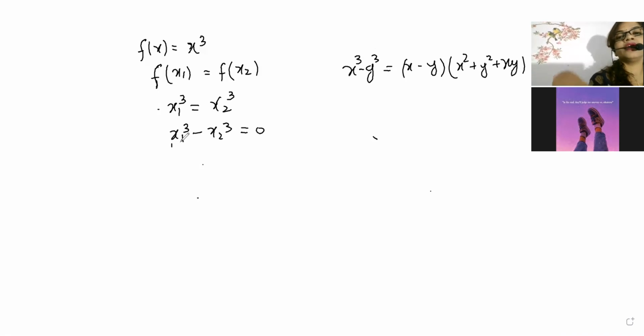Now, beta, here it will become x1 minus x2 and then x1 square plus x2 square plus x1 x2 is equal to 0.